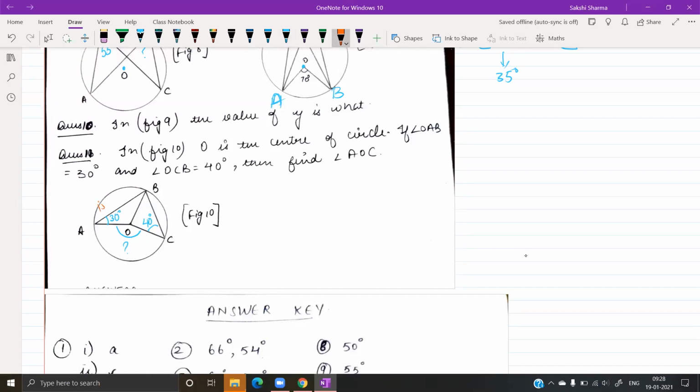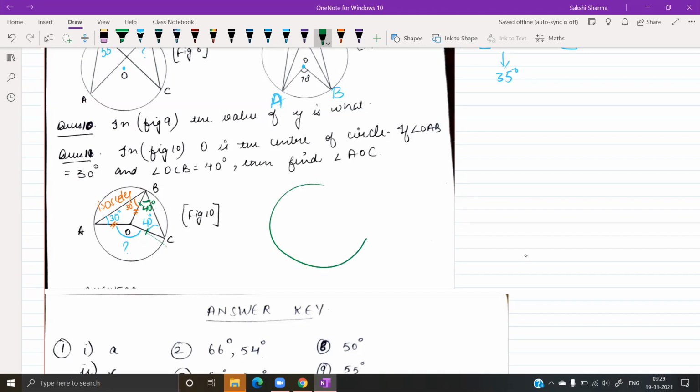Triangle AOB is isosceles because OA and OB are equal. So this angle here will be 30 degrees. Considering triangle BOC, this one again will be isosceles. OC and OB will be equal. These are the radii of the circle. So angle OBC will be 40 degrees.